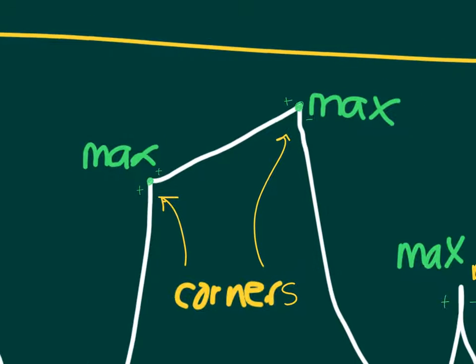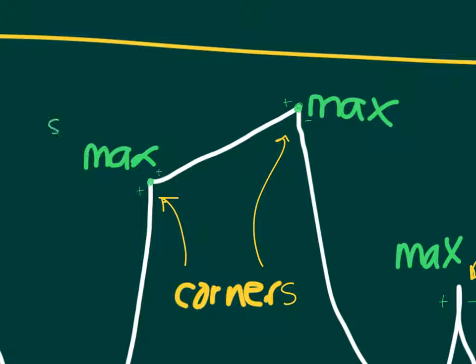That is called a stationary point. If something is stationary, it means it's not moving or not changing. In that case, the slope is not changing nature. I know the slope is changing value, but it's not changing nature. It is not changing from positive to something non-positive, so we consider that a stationary point.